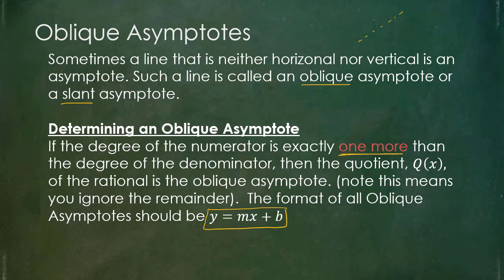If so, I'll just end up doing long division to come up with whatever the quotient is. Since I'm only going to worry about the quotient, I don't have to worry about what the remainder is. So it's going to be essentially everything except for the remainder that will turn into my oblique asymptote equation.